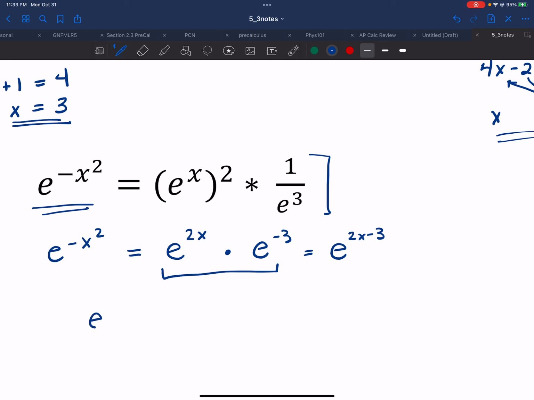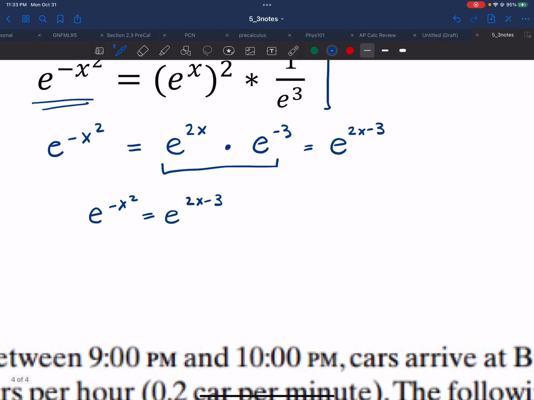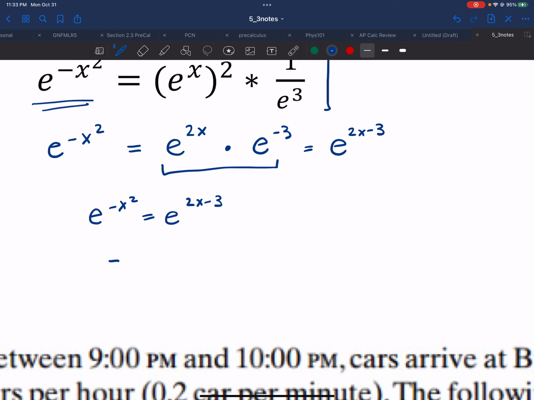So now I have e to the negative x squared equals e to the 2x minus 3. Same base. So now I have negative x squared equals 2x minus 3. And now I'm going to move, it looks like this can be factored here.